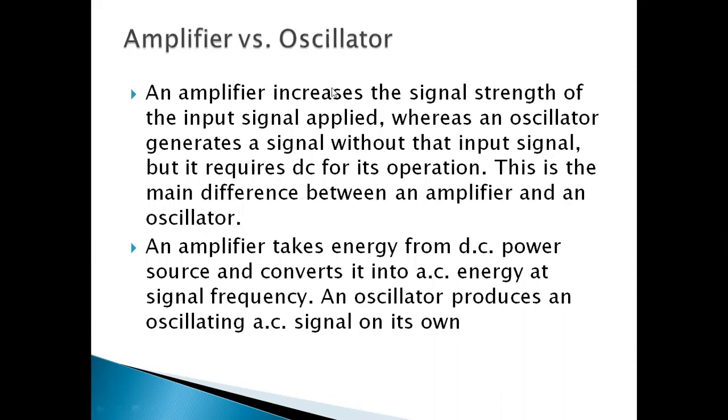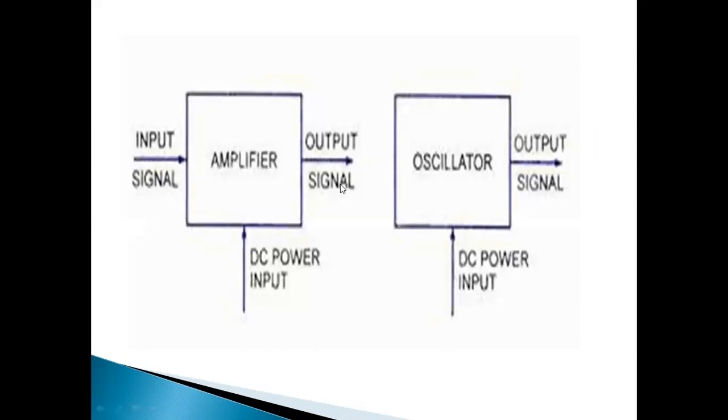So what is the difference between the amplifier and the oscillator? We know well what is meant by amplifier. An amplifier amplifies the signal, that means it strengthens the weak signal. For the amplifier, we are giving some input signal in order to generate the output signal. Here we are giving some AC input signal, and we are also applying some DC source.